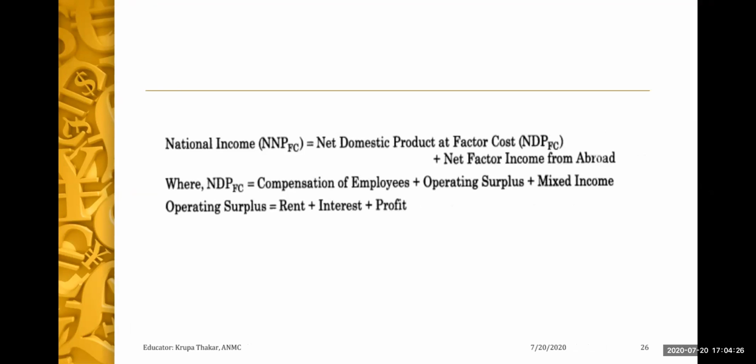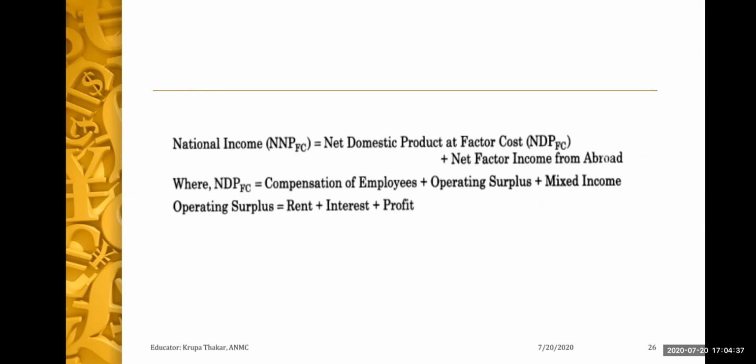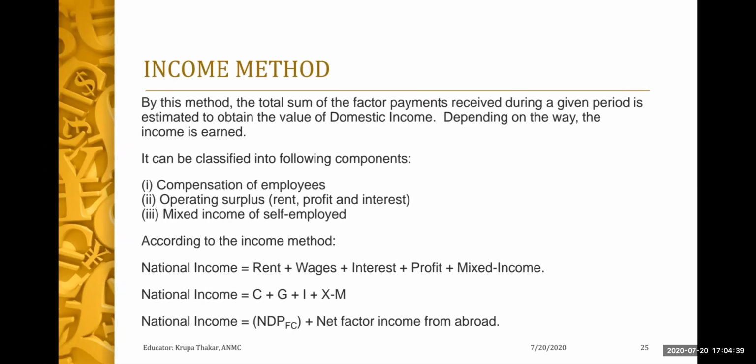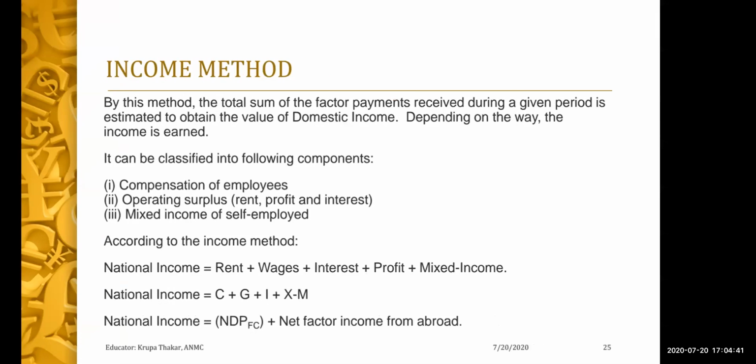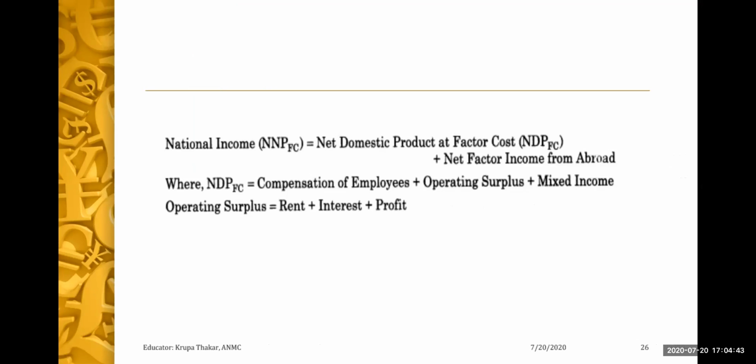So this is the formula which will give you an idea as to how we work with reference to the income method. We have added all the components of the income, that is compensation, operating surplus, and mixed income.